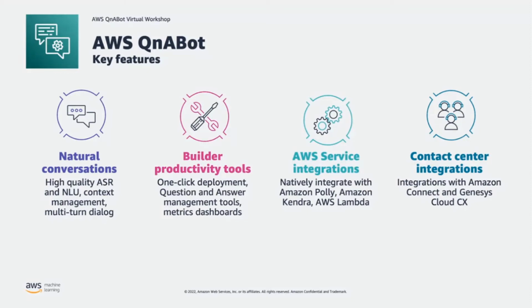QnABot also deploys with productivity tools. It has a one-click deployment mechanism like we saw. It has a question and answer management dashboard, which we'll take a look at today, and also a metrics dashboard so you can see information about how your bot is being used and where it is being used. Again, AWS QnABot integrates with a number of different services.